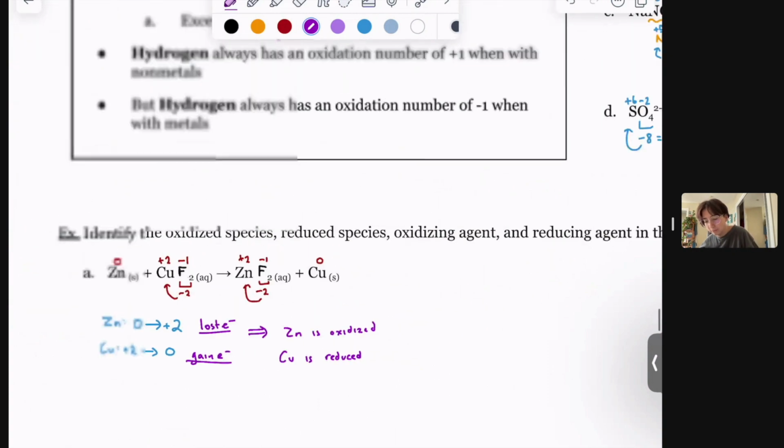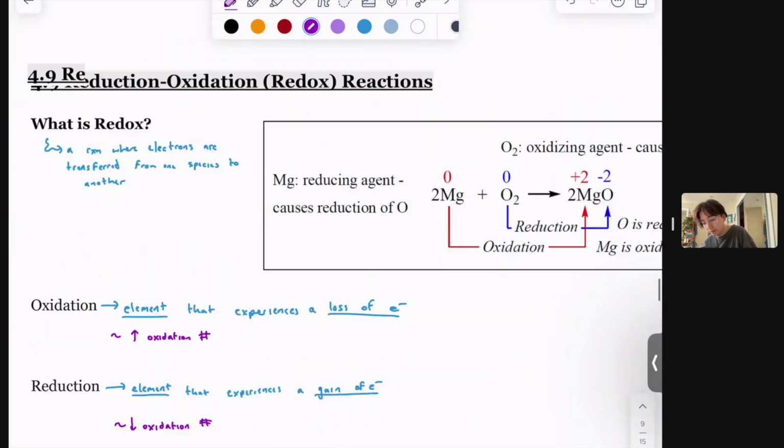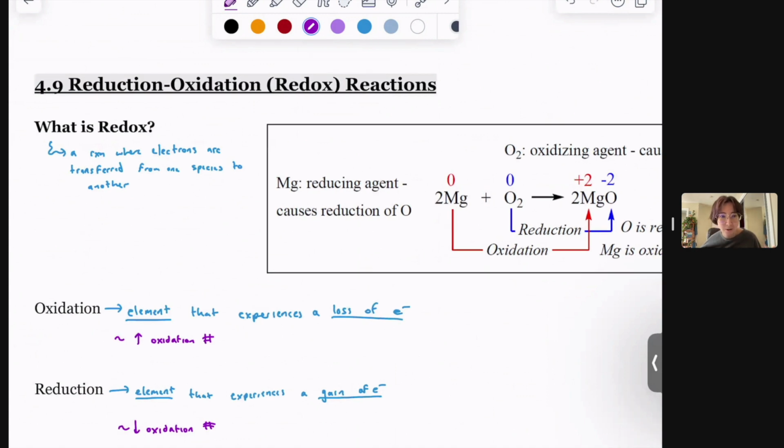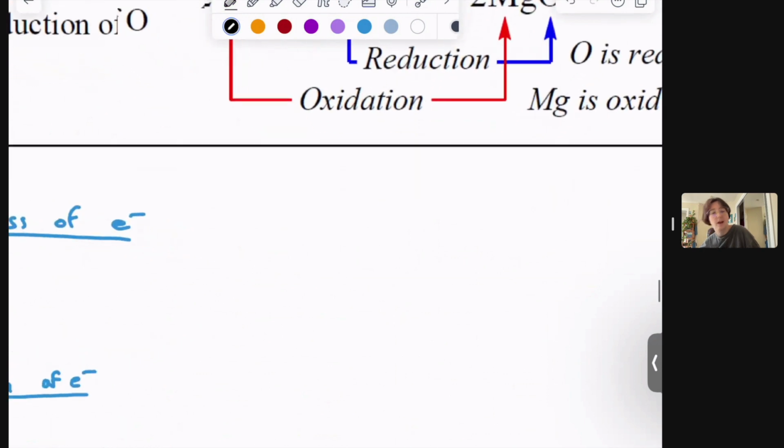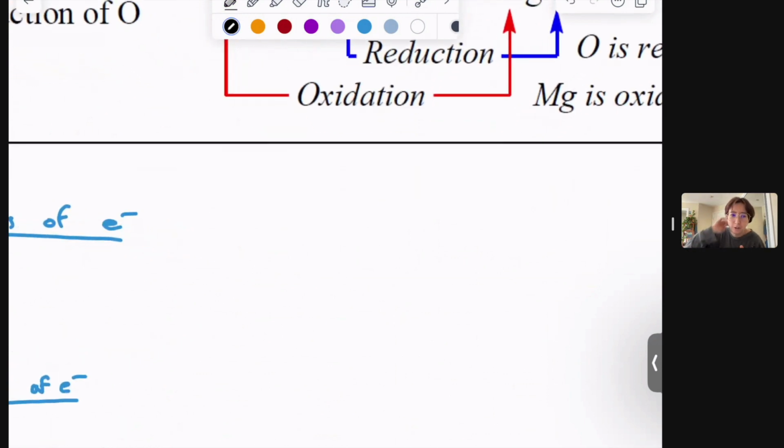Hold up. I'm so sorry. Keeping track of these is annoying, right? I totally forgot to say it. One way that you can keep track, there's multiple, the one I use is oil rig. Oxidation is loss, is losing electrons. Either way, reduction is gaining.